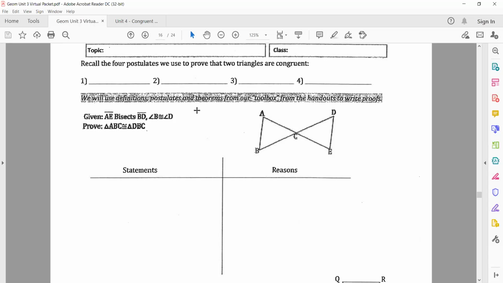So now I've got angle, side, angle, angle, side, angle. I've proven that those triangles are congruent by angle, side, angle. And all I did was work with the information that was given to us.